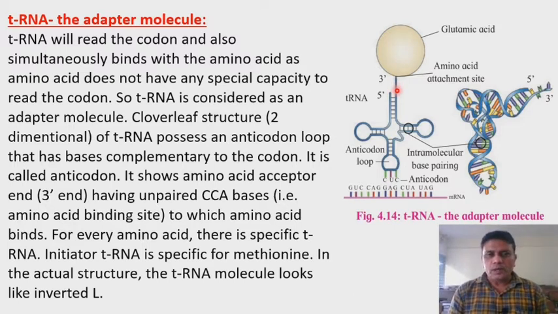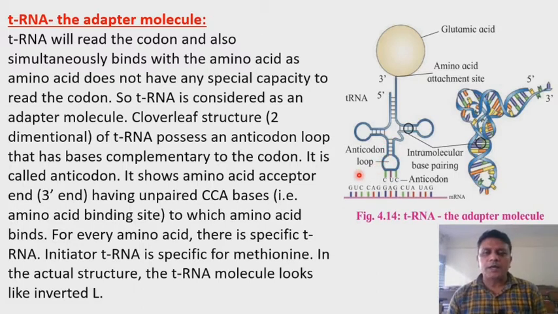So a particular tRNA is specific to a particular amino acid. Then initiator tRNA is specific for methionine.